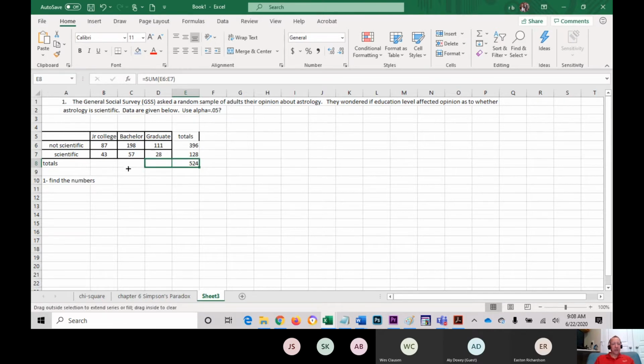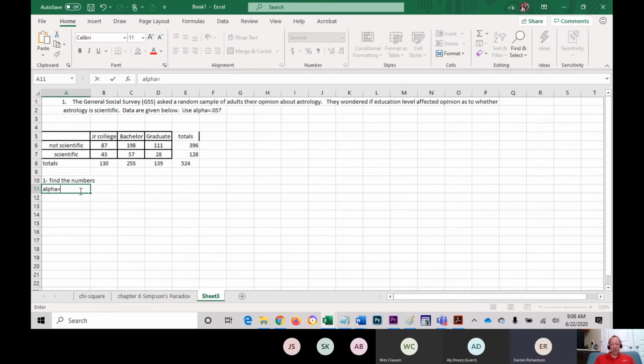The nice thing about Excel is you can do this faster. We also want to write down that alpha equals 0.05. Is there anything else? Not that I can see.